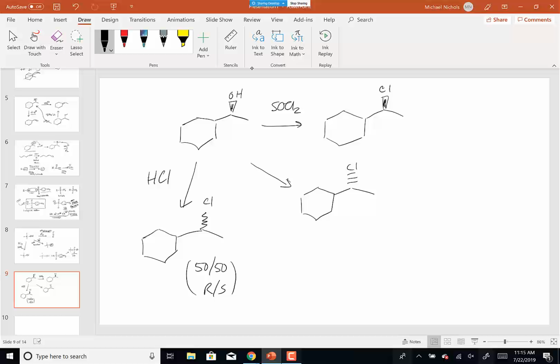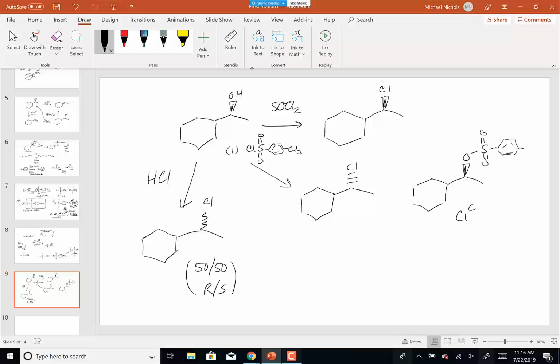React it with tosyl chloride, so react it with the Cl, with the S with two O's, and then the benzene ring, and then the CH3. First of all, react it with tosyl chloride to convert that OH group into a tosyl ester, which is going to have the same, nothing's going to happen to the chiral center. So I'm just going to convert the OH into the tosylate ester.